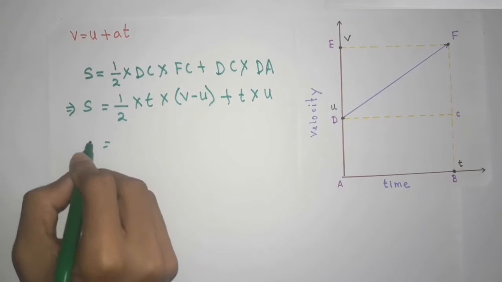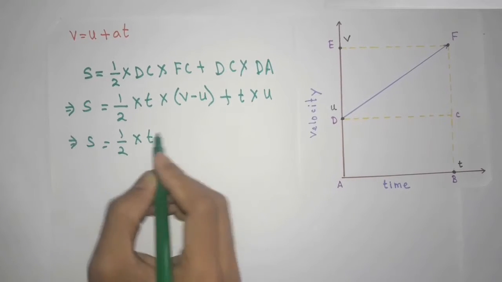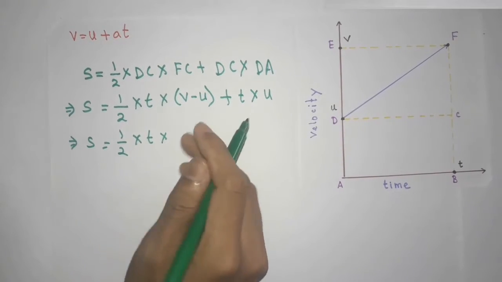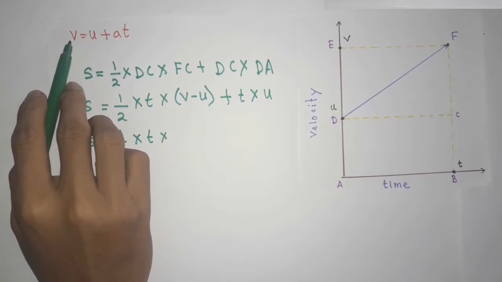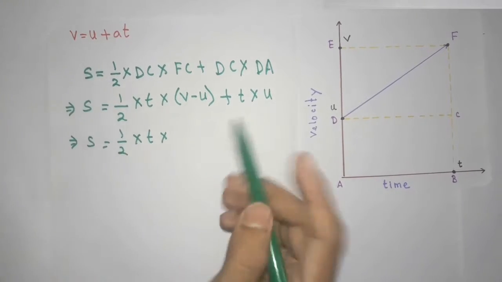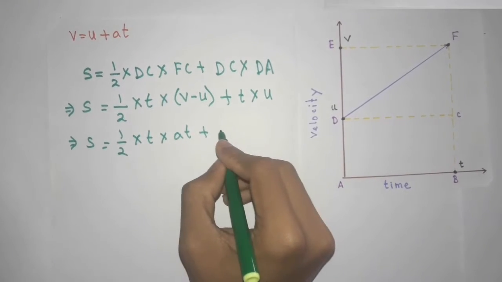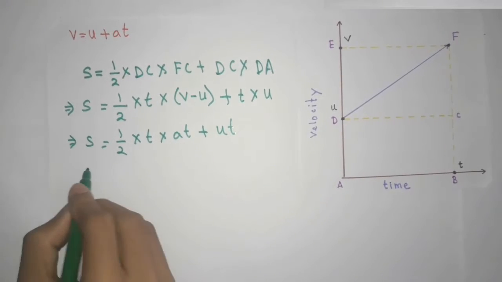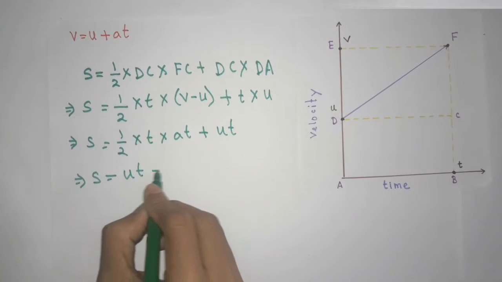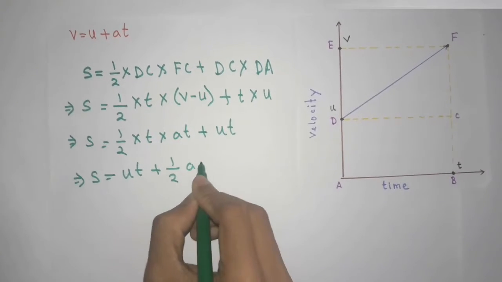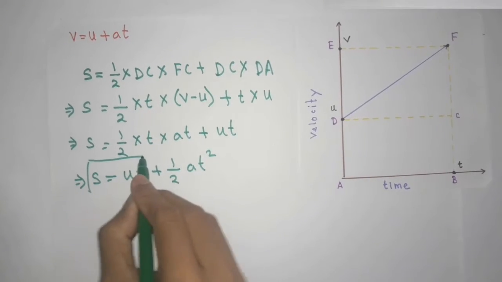Now half into t into v minus u. From the first equation, v minus u is equal to at. So we will write at in place of v minus u, plus ut. Therefore, s is equal to ut plus half at squared. This is the second equation of motion.